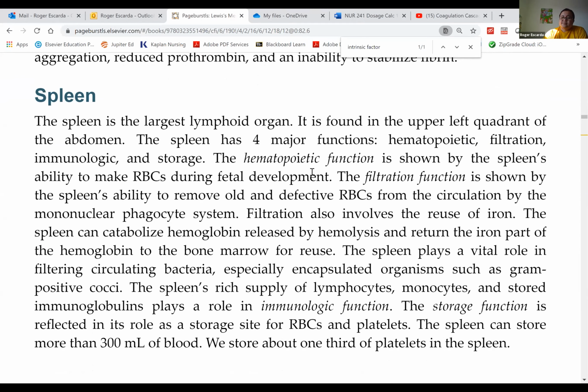Upper GI bleeding starts from the esophagus down to the ileum. That's the upper GI tract. The lower starts from the cecum down to the sigmoid. So if the stool comes out black, did the blood have a long travel or a short travel?